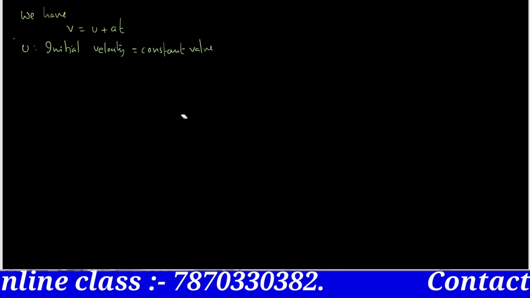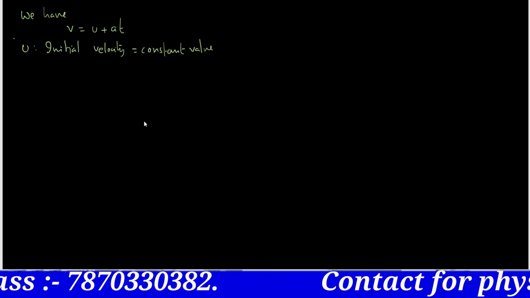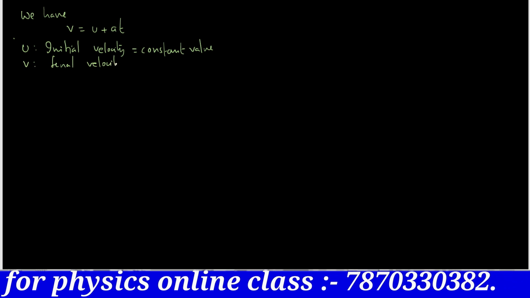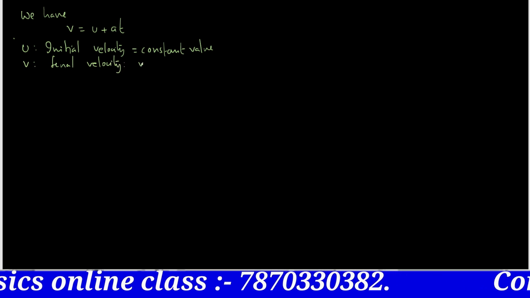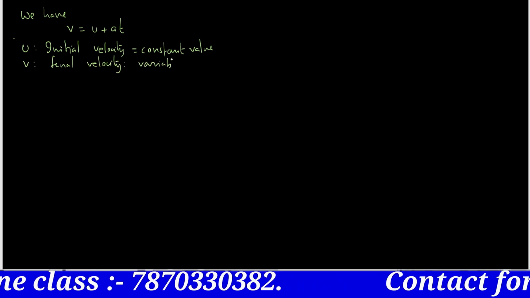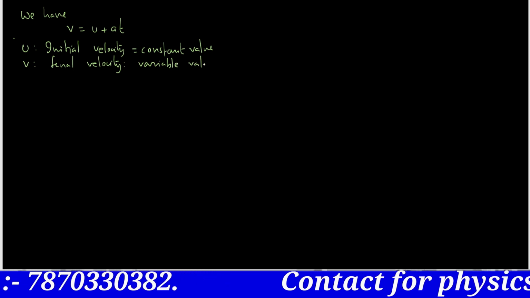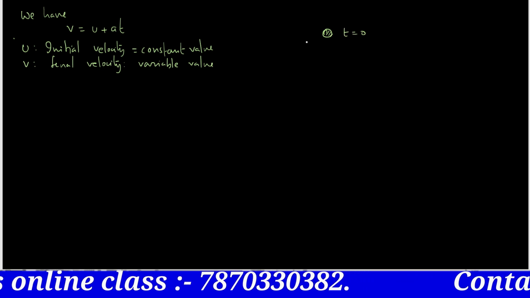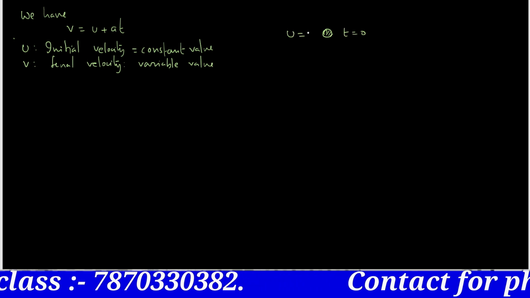And v is the final velocity, and this is a variable value. Why, sir, does v have a variable value? Suppose any person drops a ball at t equal to 0 from this position, v initial equal to 0.